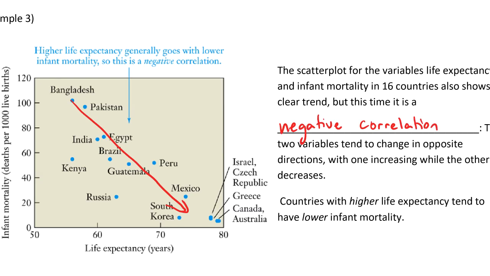The two variables go in opposite directions, so one's increasing while the other is decreasing. In this case, the life expectancy increases as the infant mortality rate decreases. So countries with higher life expectancy tend to have lower infant mortality.